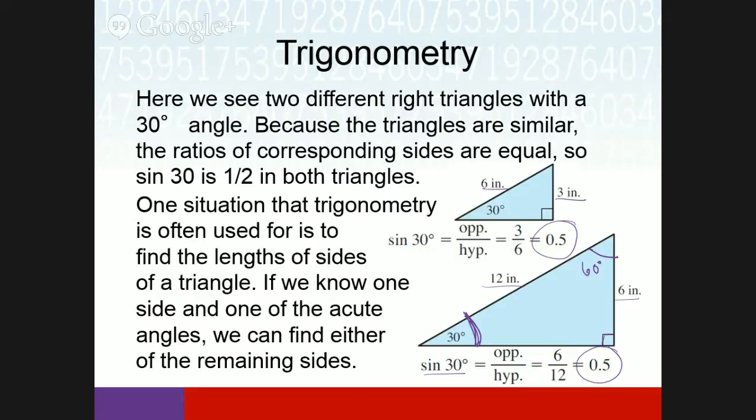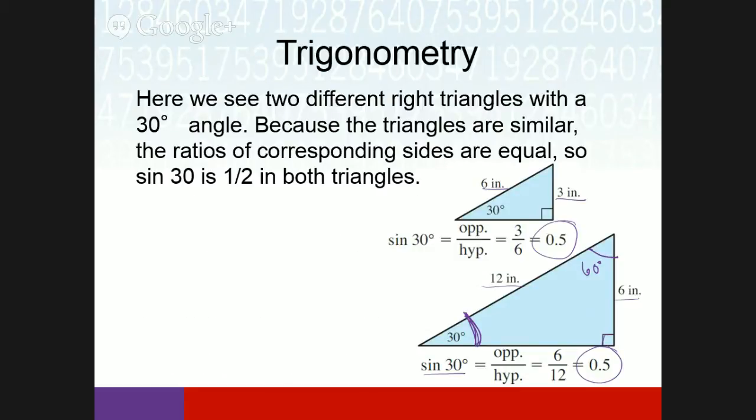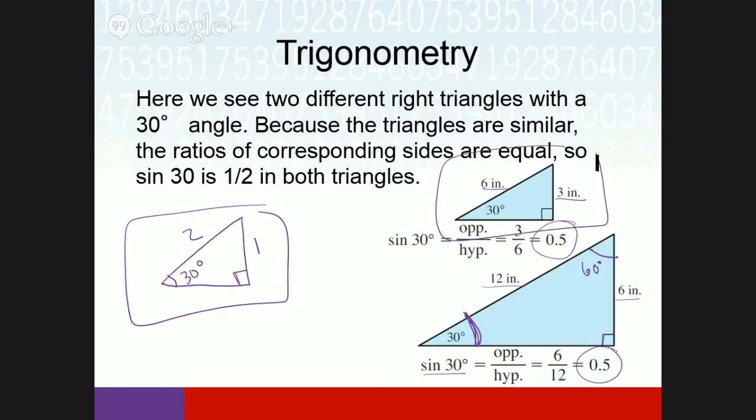We can draw a similar triangle, and it turns out a similar triangle in any of these, if this is 30 degrees and this is 90, has sides 1, 2. So if I compare this triangle to this triangle, if this goes up by a factor of 3, then this is going to go up by a factor of 3, right?